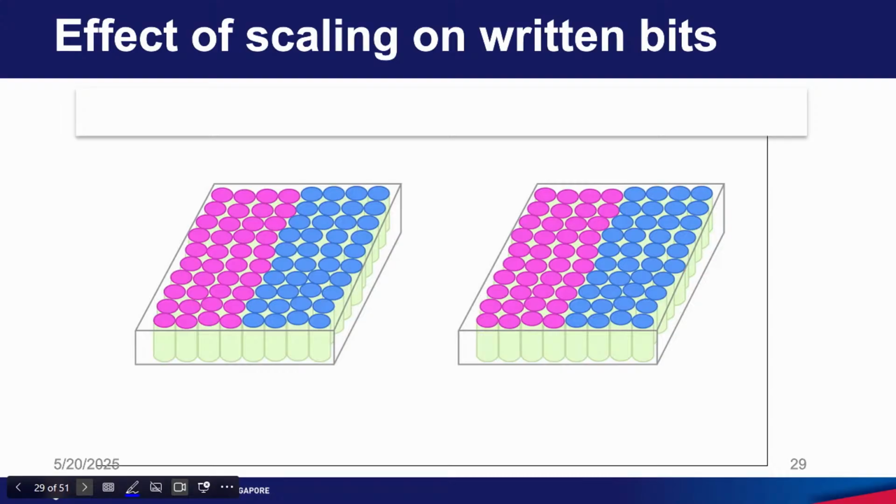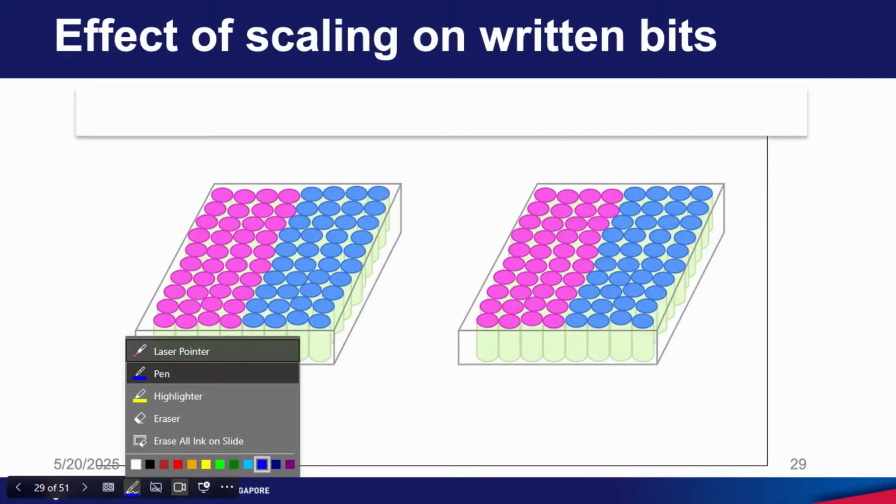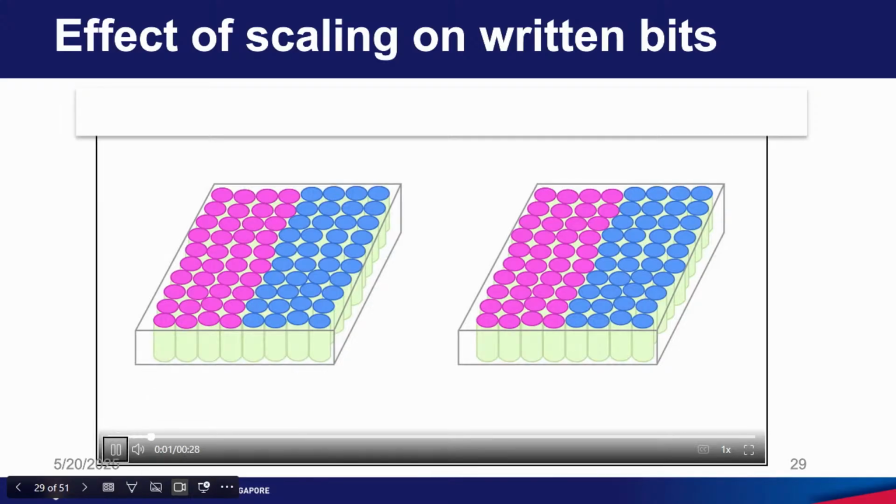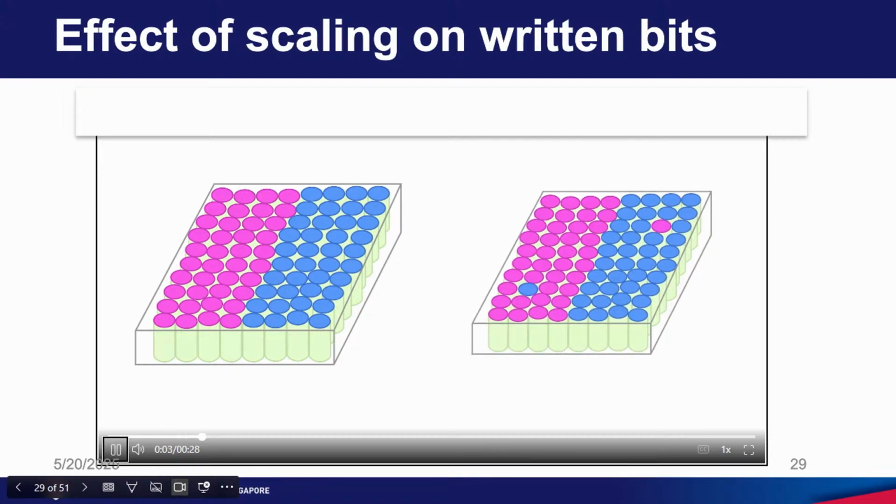Okay, so, this is the cartoon video of what happens when you go towards higher technology in hard disk drive. You make the grain thickness smaller, diameter smaller.